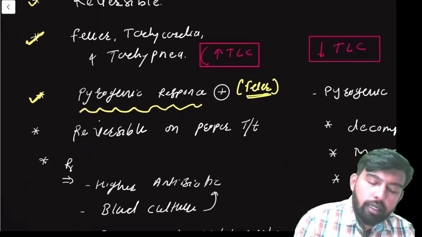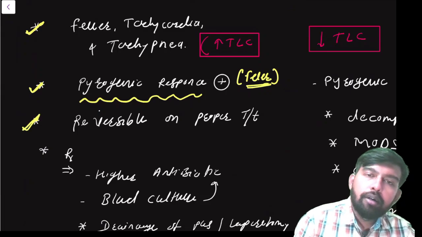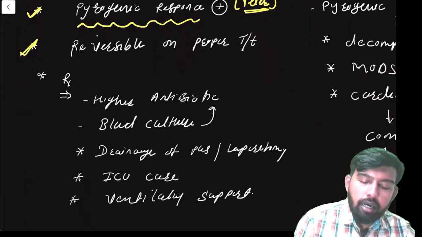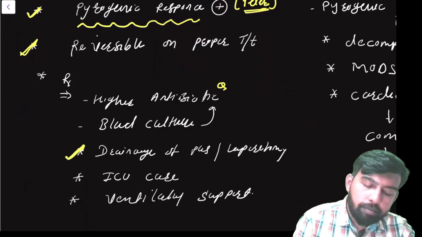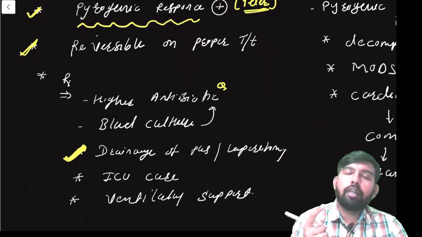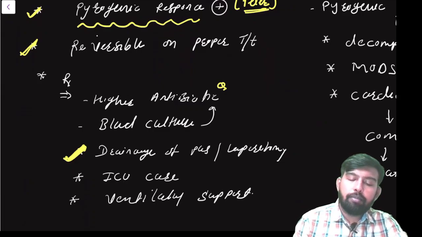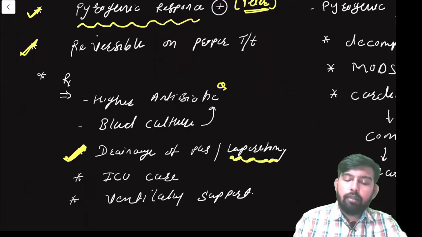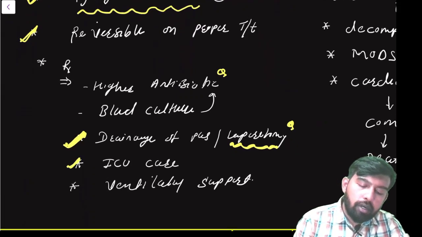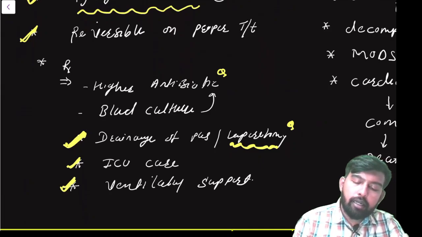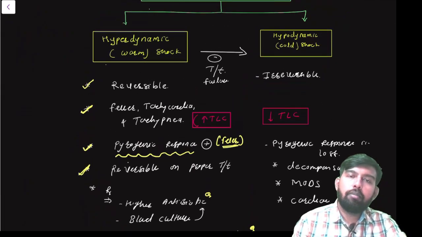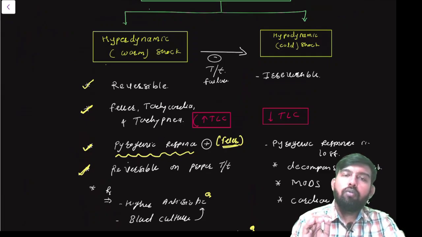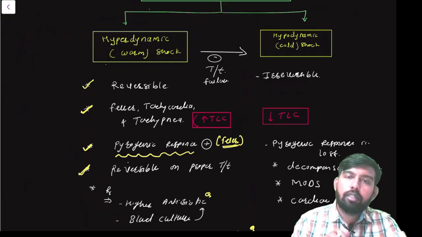It is reversible on proper treatment, and it is treated with higher antibiotics according to the blood culture, drainage of the pus, or if there is an intra-abdominal abscess, it could be treated with laparotomy, ICU care, correction of the coagulopathy, and may need ventilatory support. So this is the initial stage of septic shock, that is the hyperdynamic stage, also known as warm type of shock, which is a reversible type of shock.